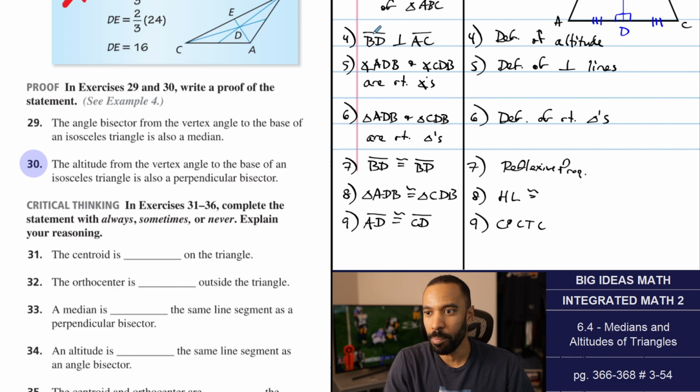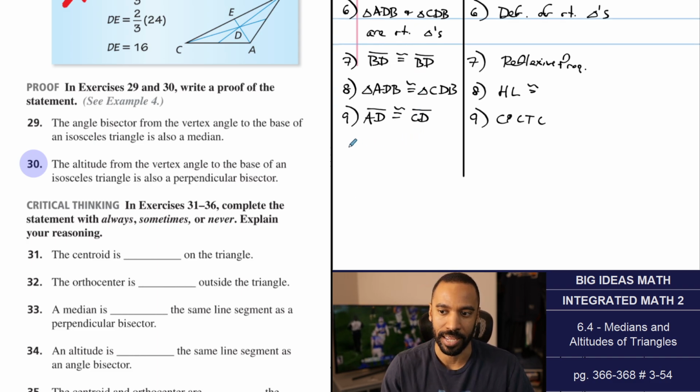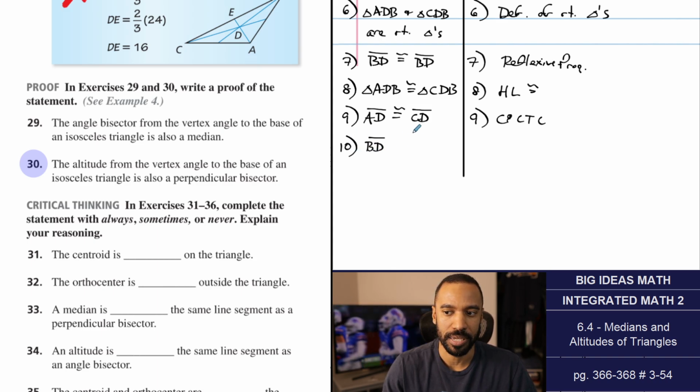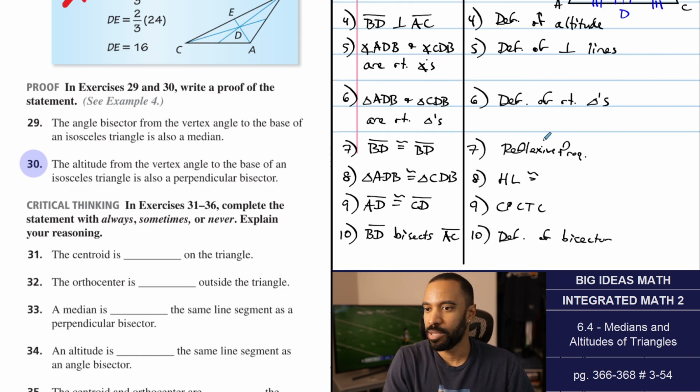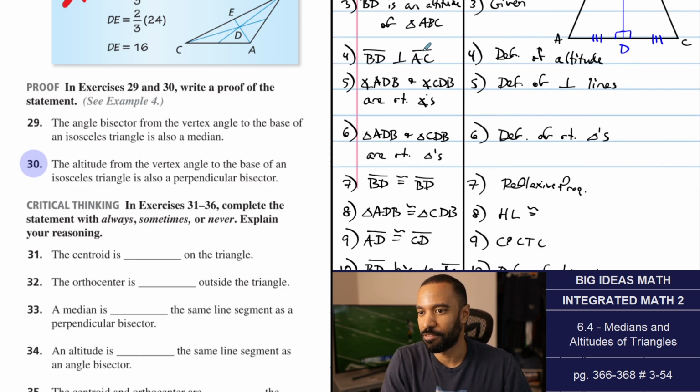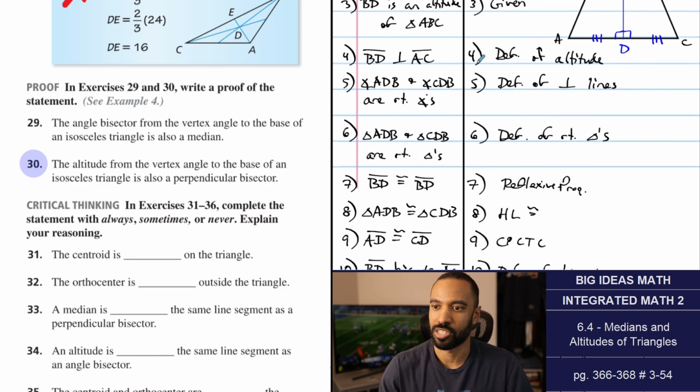And then I think we'll be done because we got the perpendicular portion there already, so I'm not going to say the midpoint part in between. So BD bisects segment AC by definition of bisector. Maybe you can say it's a perpendicular bisector by definition of perpendicular bisector, but this part already concludes that.